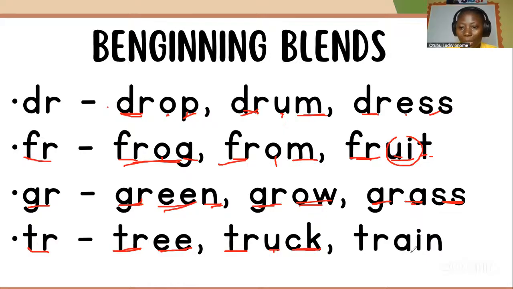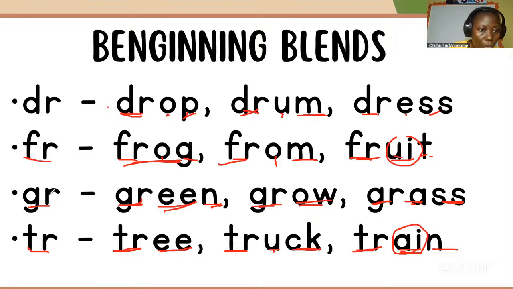And train, with A. This is a digraph. A and I together says A. So we have train.